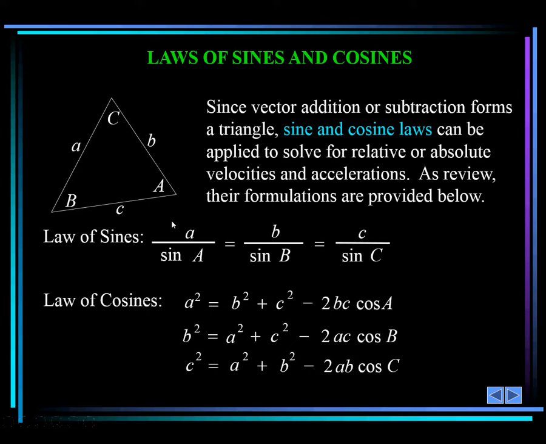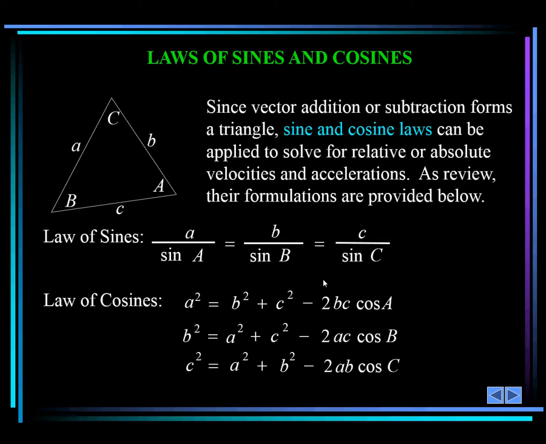The law of sines says that the opposite side on a triangle is always proportional to the sine of the angle, something we know from our trigonometry class. So A is to the sine of A, as B is to the sine of B, as C is to the sine of C. And that's what you see here, the law of sines.